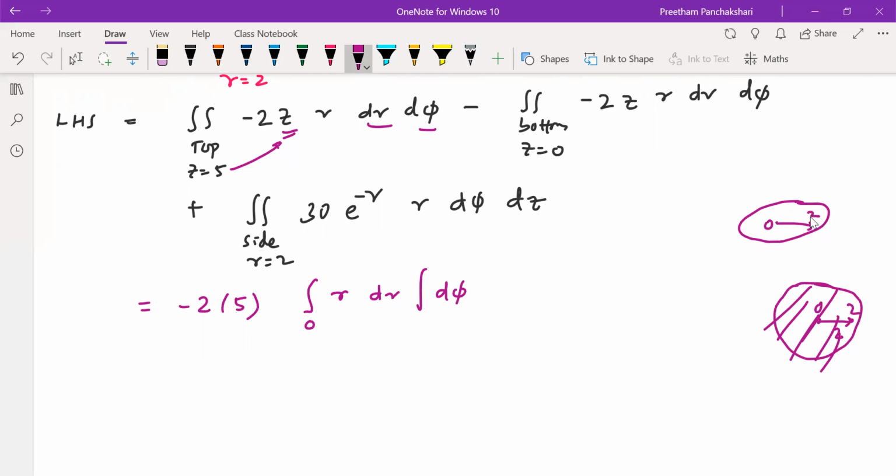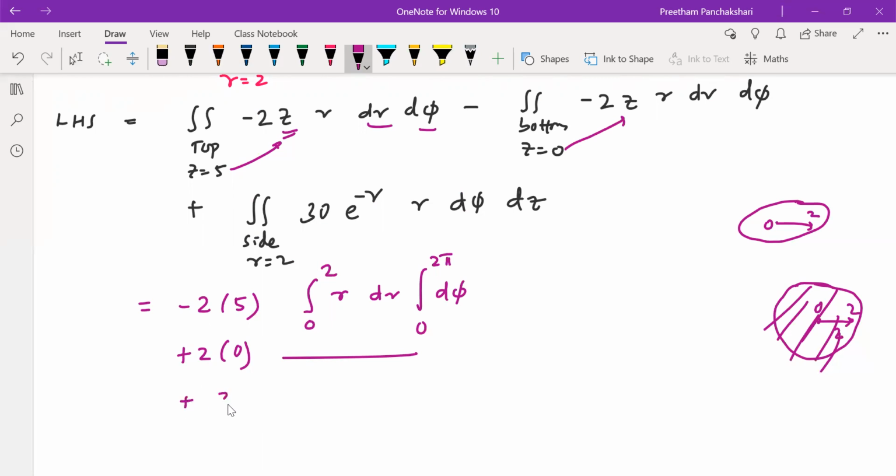So that's why r becomes a variable for the top surface. Phi is the complete circular shape, which will give us the total circle, 0 to 2π. Similarly, in the second integral, minus into minus 2, minus into minus is plus 2, and the z value here is 0, so the complete thing goes to 0. So the other part of the integration is not required.